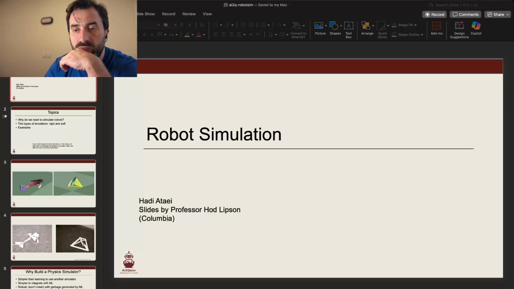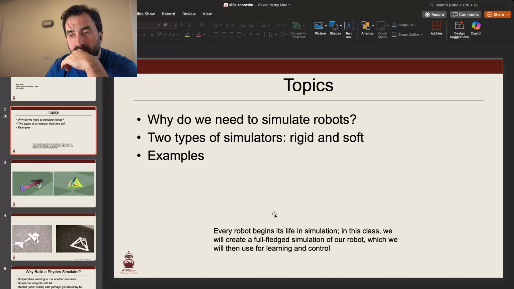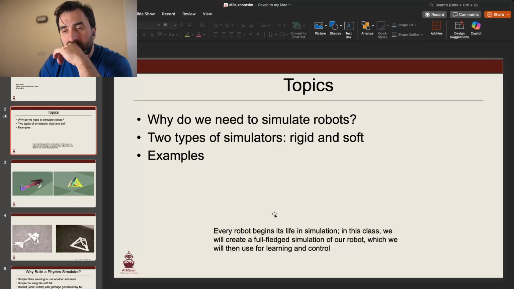So, robot simulation. Let's talk about it. Obviously, as I said, why do we need to simulate robots? Because, first of all, when you have an idea, you want to bring it to life. Simulating it is going to make you test different scenarios.